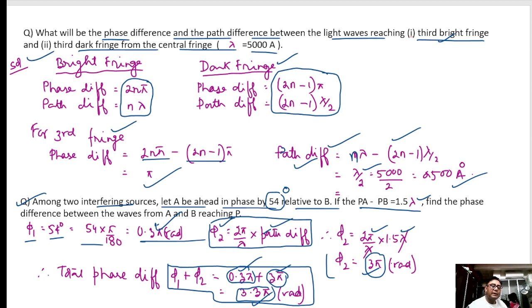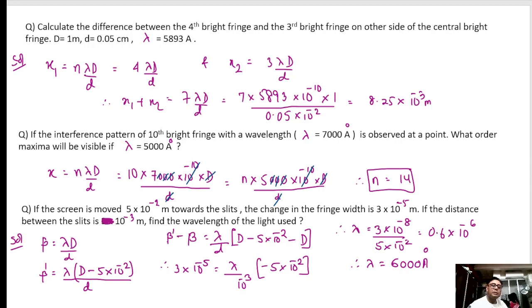So let's see the next sum. Here they are telling, calculate the difference between the fourth bright fringe and third bright fringe. So bright fringe distance is this. Fourth bright fringe, put n equal to 4. This.